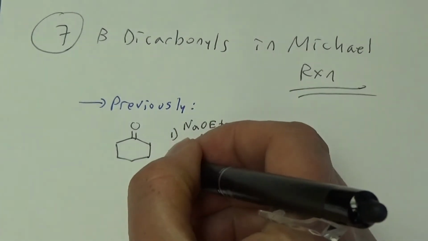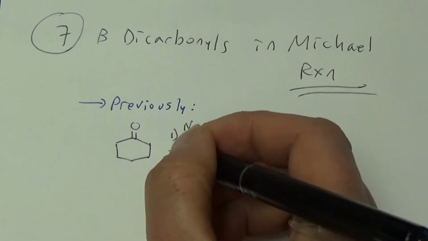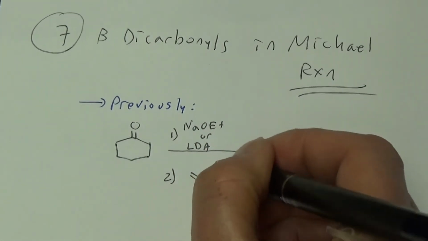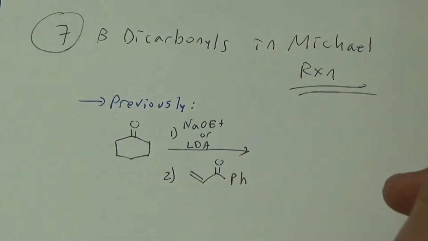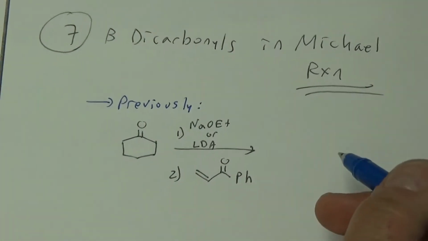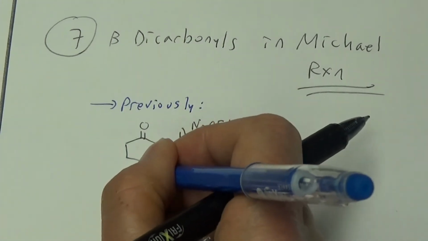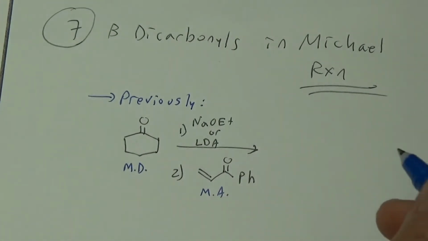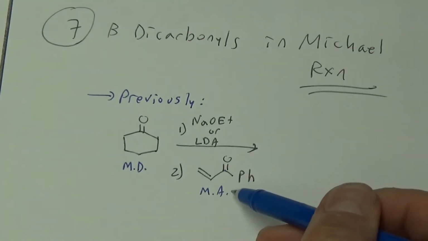And then we can react with a Michael acceptor. I'm going to use this one for this example. Okay, so this is the Michael donor. This is the Michael acceptor. The donor is always the nucleophile, the acceptor is the electrophile.